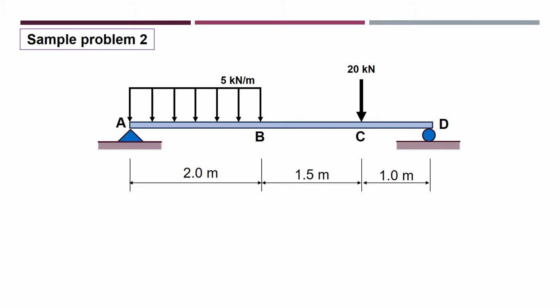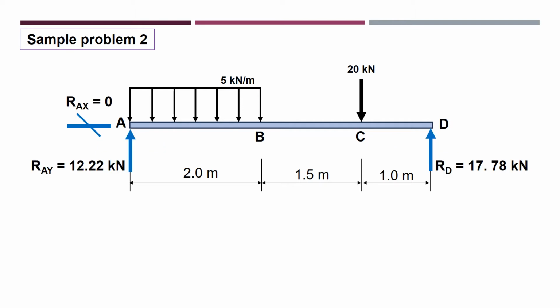So first step is to solve for the reactions at the supports. So kahit walang value yung X component sa hinge support, kailangan papakita pa rin natin yan doon sa pag-solve natin ng reaction.